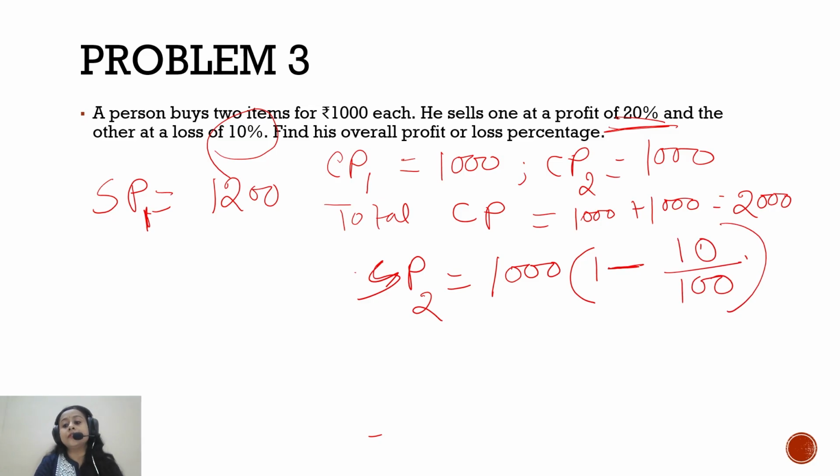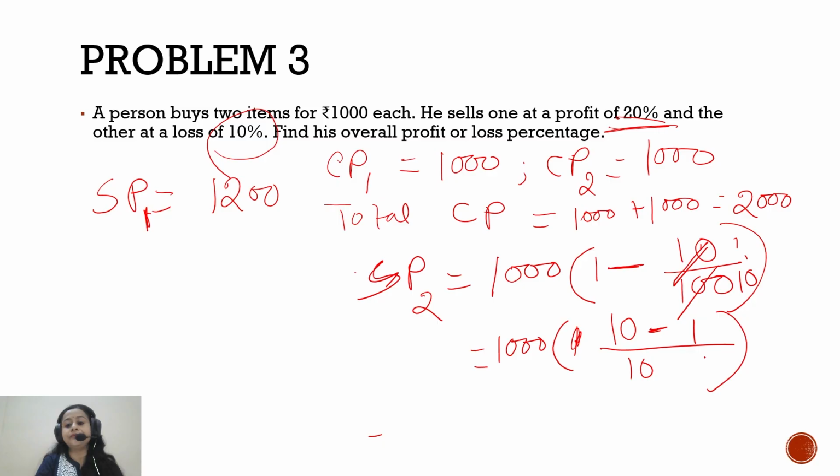Okay, so it will just cancel out and there will be 1 in the numerator, and in the denominator it will be 10. So 1000 into 10 minus 1 by 10, which is 1000 into 9 by 10.